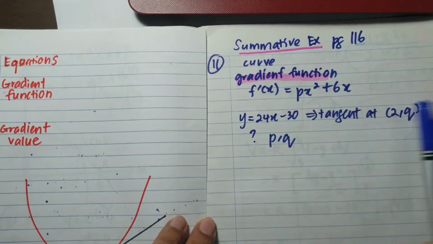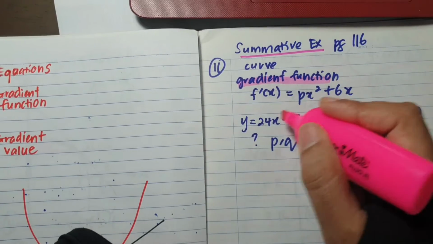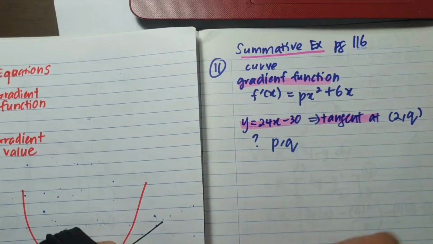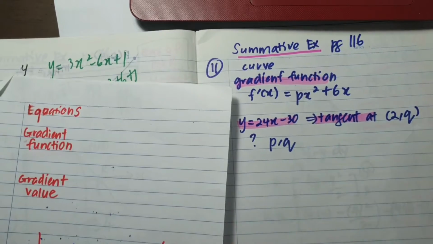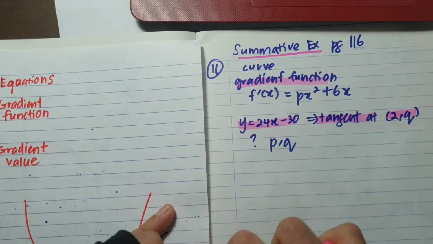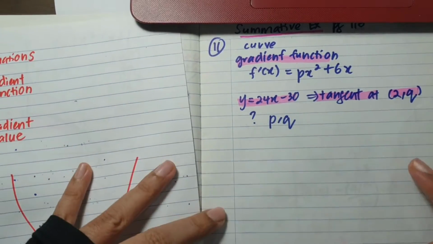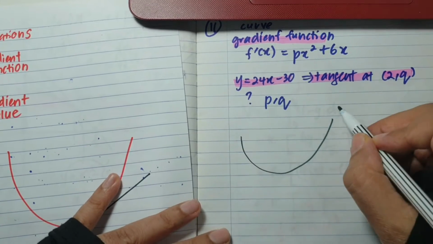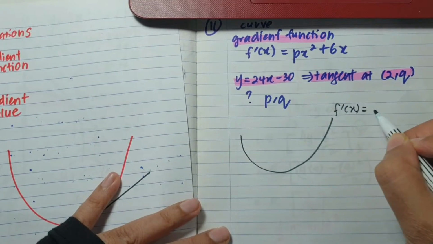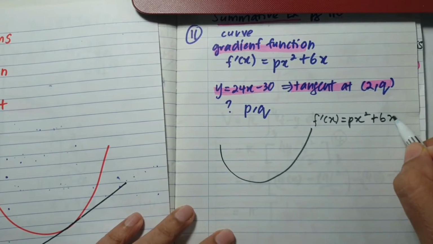So that's why here you can see you have this equation where it is tangent to the curve at point 2q. Dia macam ni lah, maybe you are the curve. So the gradient function of the curve is px squared plus 6x.